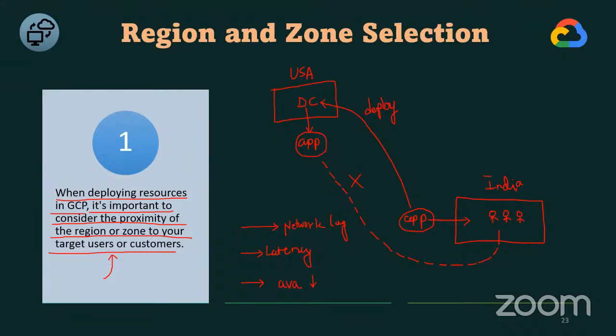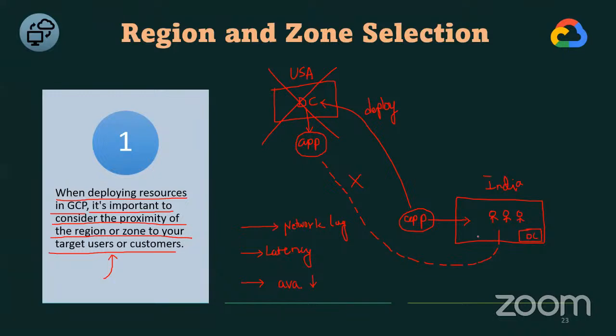So this is what you have to do. If you don't do that, you are going to face a lot of problems such as network lag and latency, and that's where you are going to lose your entire business. So always deploy your resources near your target users. That means instead of deploying in a North America data center, look for a data center that is in India.